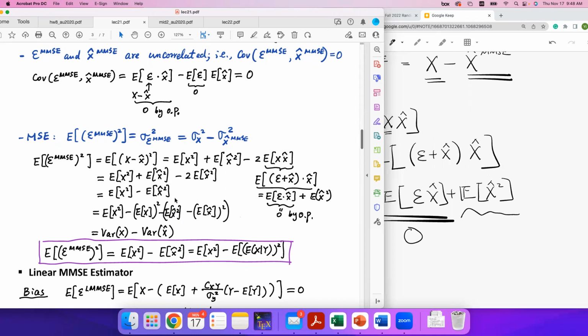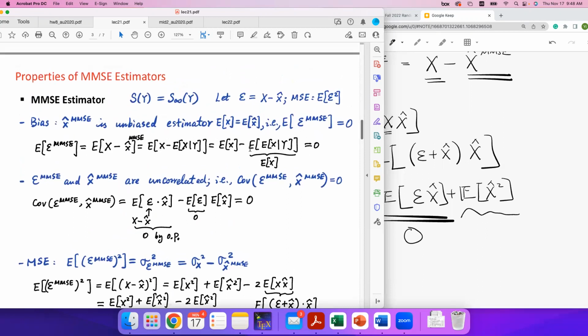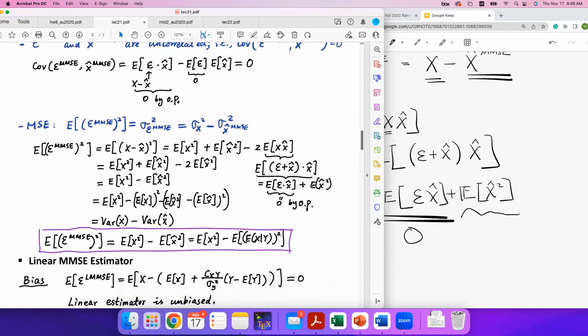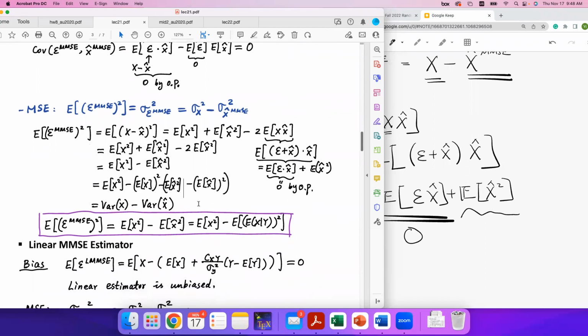These two are equal because we have shown that they are unbiased: the mean of x equals the mean of x hat. So by introducing these two, they cancel with each other. So this is an equality; we did not introduce anything here. And this is very different, because this is the mean to the power of 2, which is very different from the second moment.